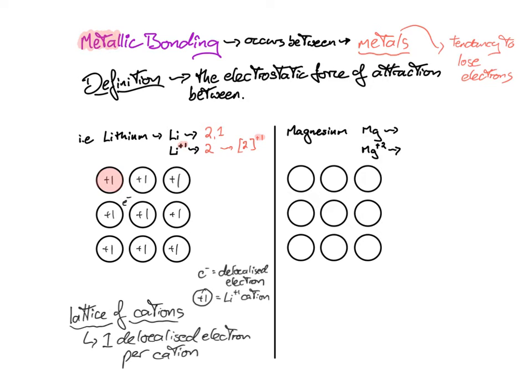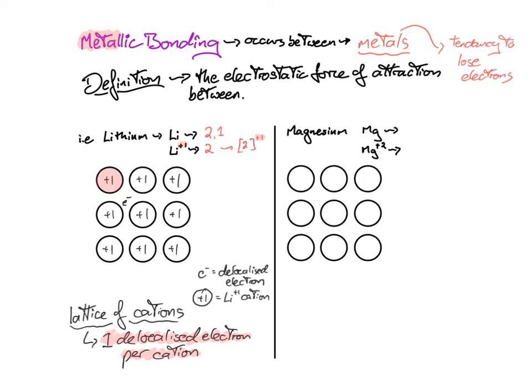So, each cation has one delocalized electron that came from it. So there's one delocalized electron per cation. I have 9 cations. Therefore, I need 9 delocalized electrons.